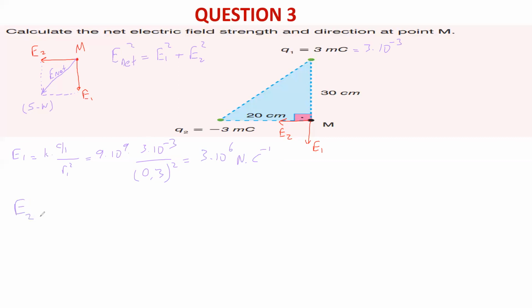And then E2 equals K times Q2 over R2 squared. And then we carry on with 10 to the power of 9. And then we have another one, also 3 times 10 to the power of -3, because also mC, as you see there. And then we have 0.2 squared. And our answer is 6.75 times 10 to the power of 6, N C to the power of -1.